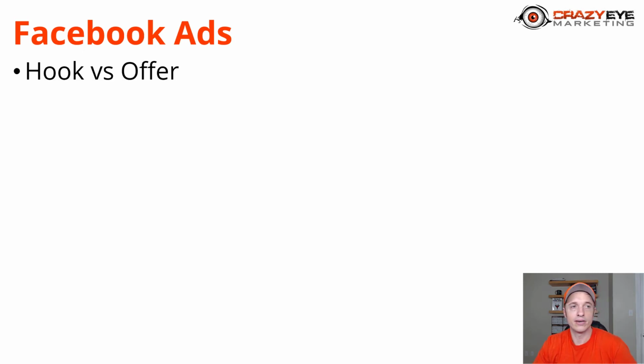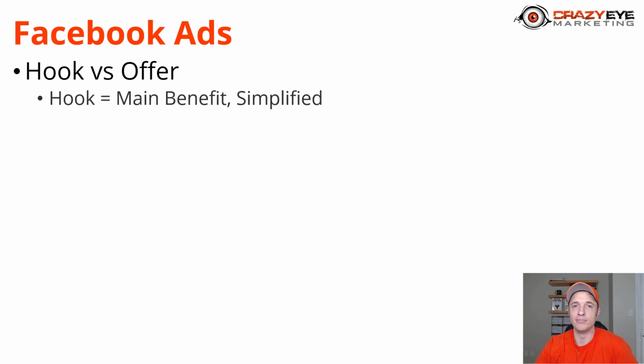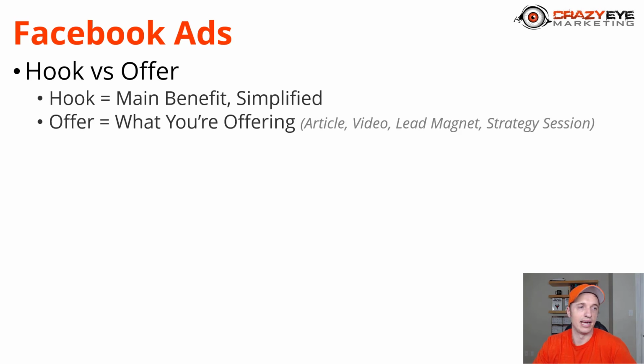So when doing Facebook ads, there's basically two things you need to focus on. There's the hook versus the offer. The hook is the main benefit simplified, and the offer is what you're actually offering. So this could be an article, a video, a lead magnet, a strategy session, a product or service, or something like that, right?